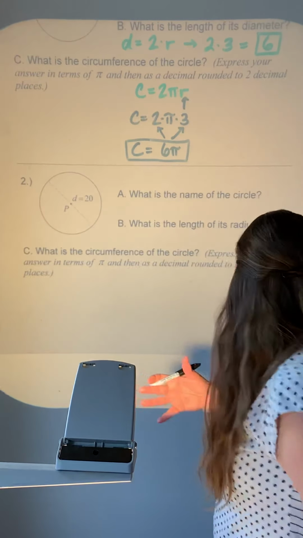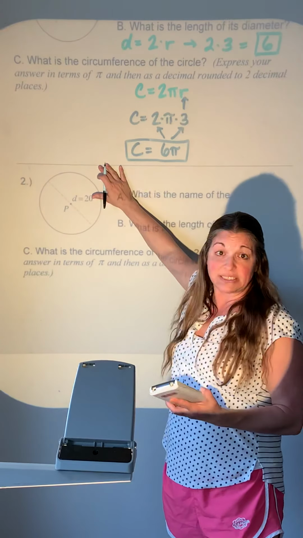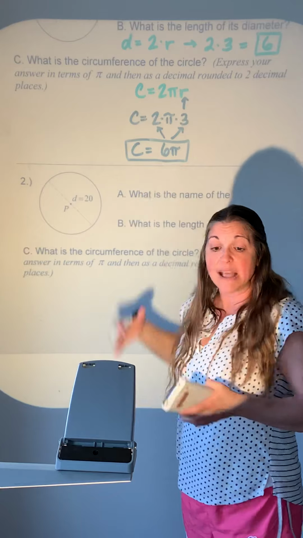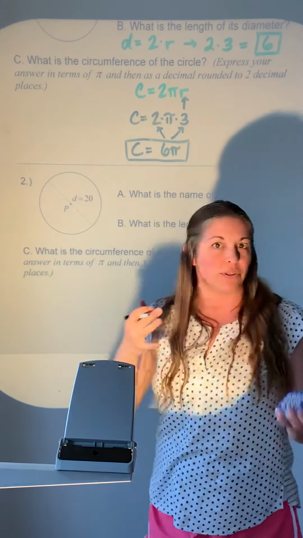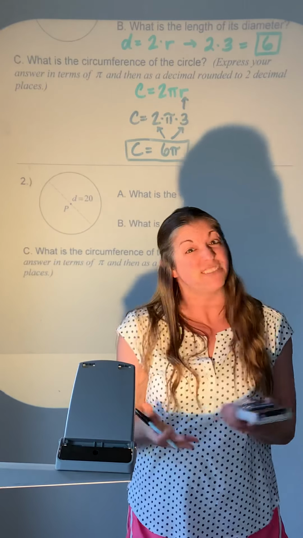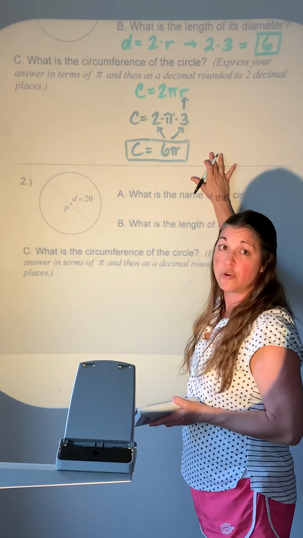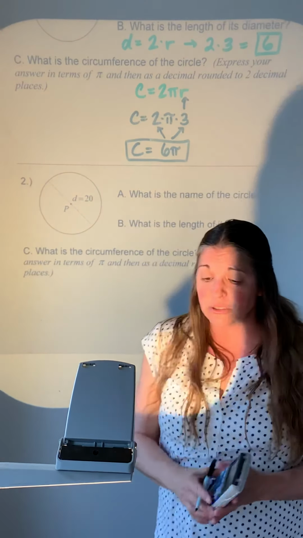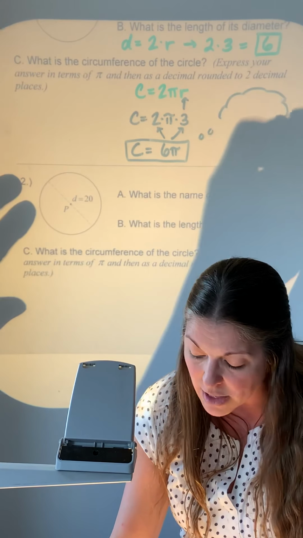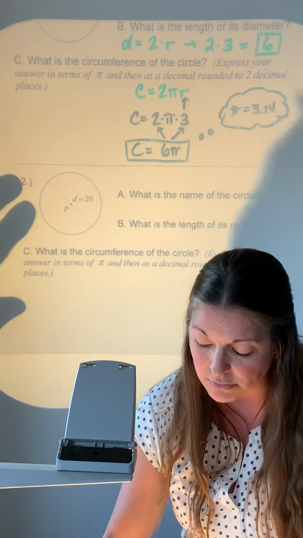So again, like I said, if this were an SAT question and it's multiple choice, you would see all your answers with pi's in them. But now let's say you were actually using it for real. You had to calculate some probability or something, and you actually had to know at least a rounded number for it. So for the second part, guys, I just want you to also know the decimal. So what we're going to do is, in place of that pi, for our purposes, we're always just going to use 3.14, okay?